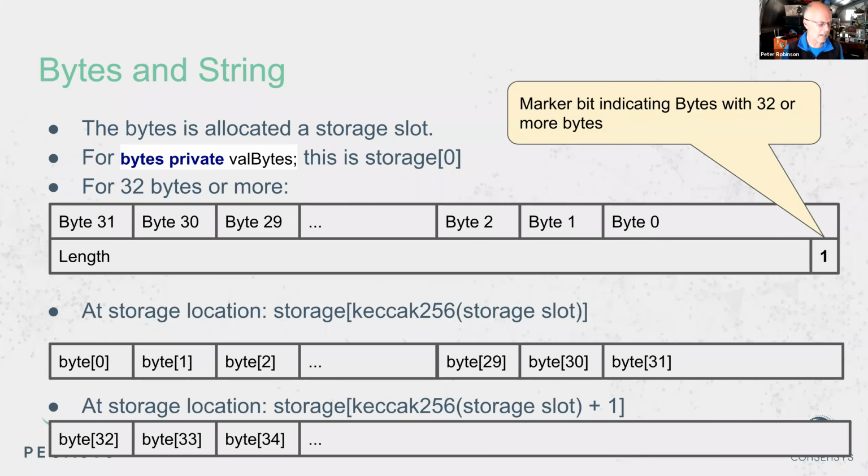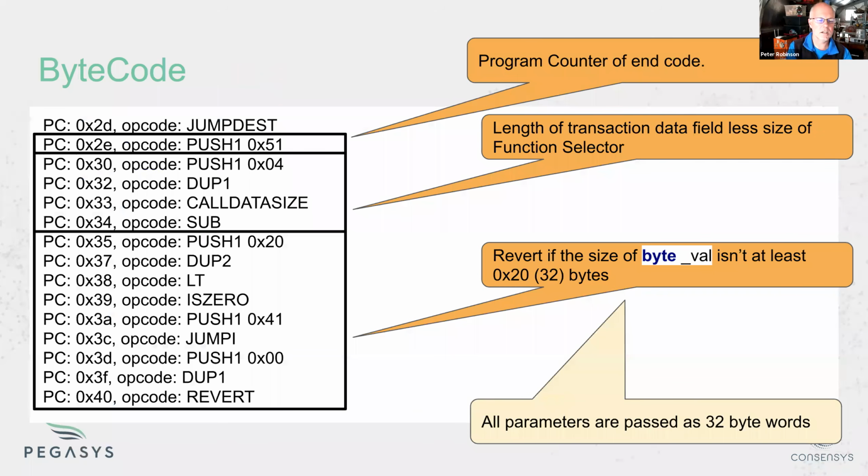So what does this actually look like in bytecode, in opcodes? We push that return address onto the stack to start off with. We get rid of the function selector from the CallData size. And then we check the length of the parameter that's been passed.